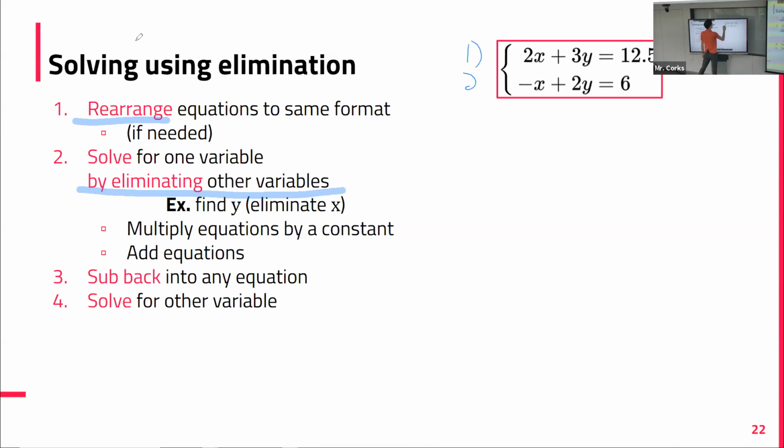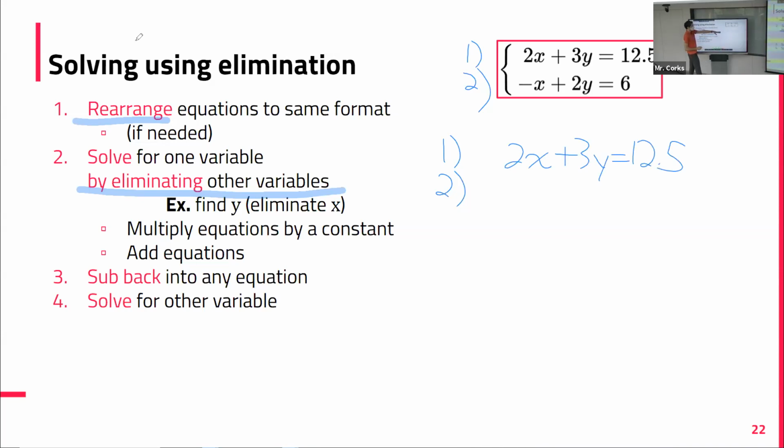All right, so let's write these out. I'll write this with the x's first and then the y's second. If we want to eliminate x, then it looks like we can keep the first equation as is.